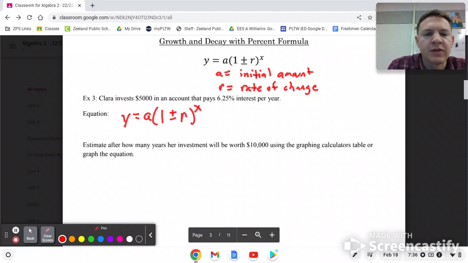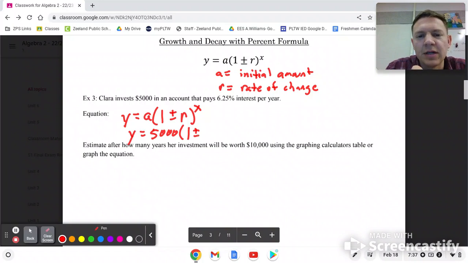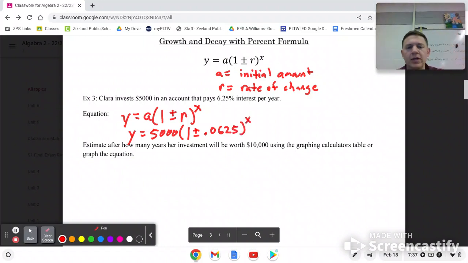Well, her initial investment is $5,000, so that's going to be A. So y equals 5,000 times 1 plus or minus, and it's 6.25% interest. Now, we can't just write 6.25. That would be 625% interest. All right, we need to move the decimal twice to the left, so 0.0625 raised to the x. And there's our equation. Y equals 5,000 times 1 plus or minus 0.0625 to the x.